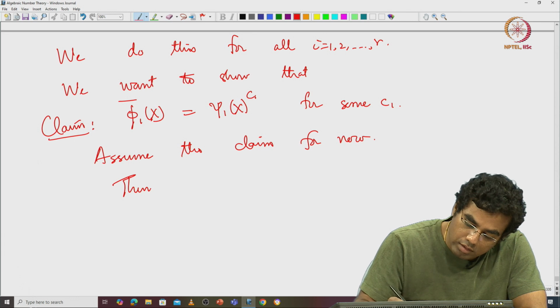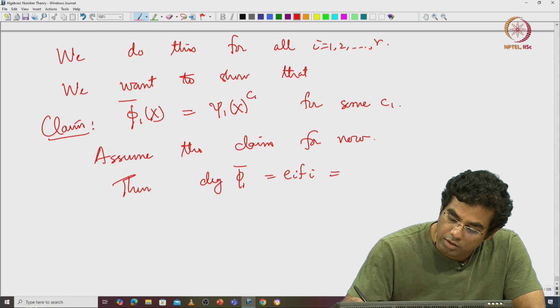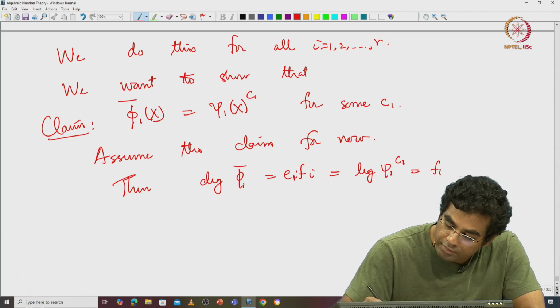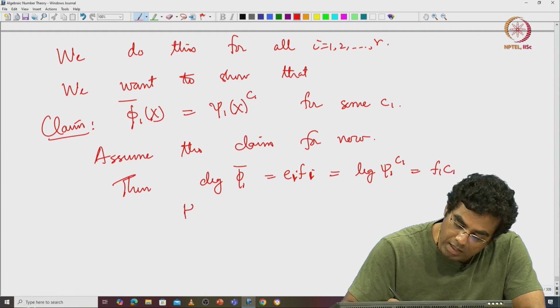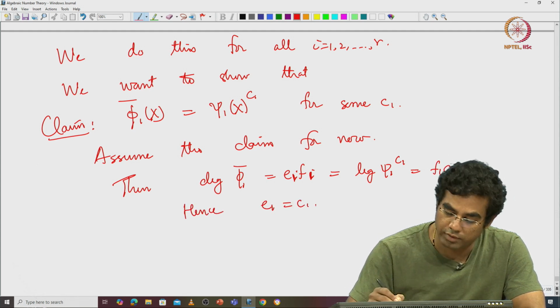Then the degree of phi_1 bar, this is e_i f_i, is equal to the degree of psi_1 to the c_1, which should be f_1 times c_1. Hence, e_1 is equal to c_1 and we get what we want.